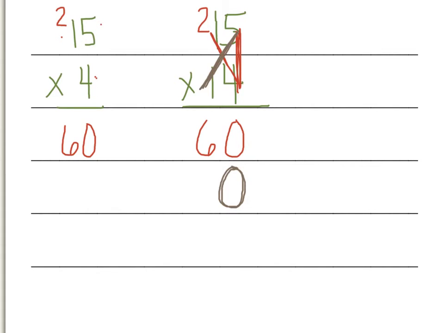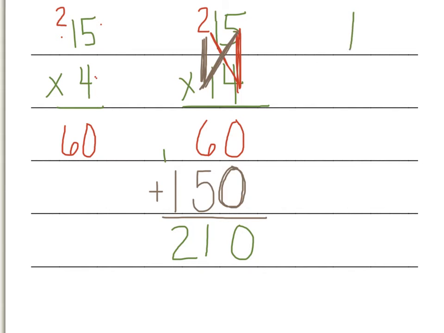Well, 1 times 5 is 5. Then I'm going to go 1 times 4. I'm sorry, 1 times 1. 1 times 1 is 1. Then I'm going to add them together. 0, 11, 211.